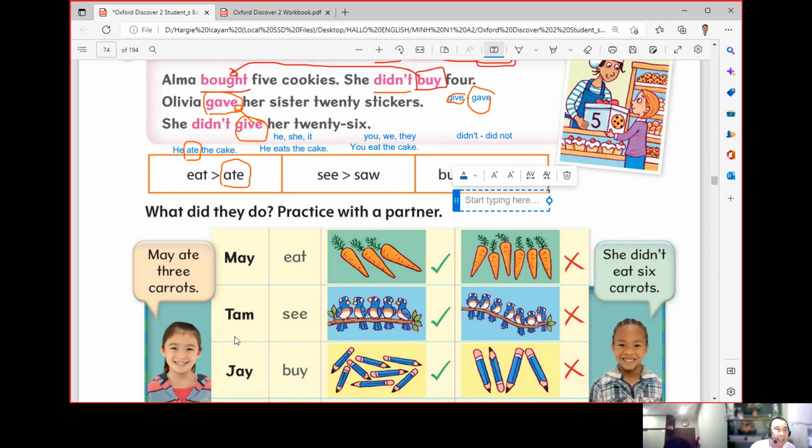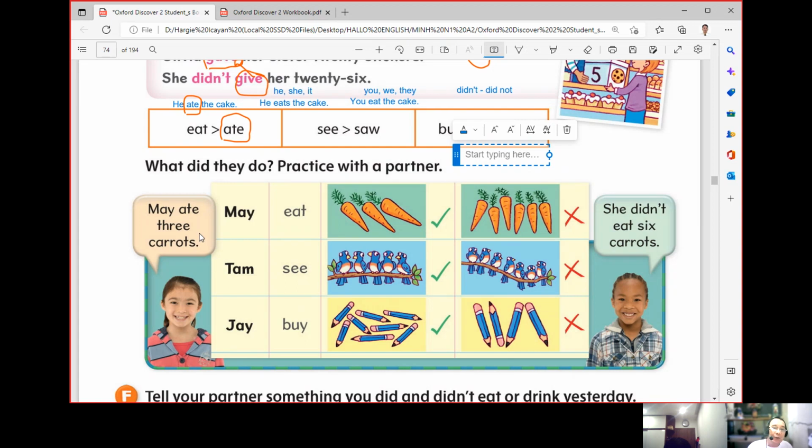So let's go back in here. What did they do? Practice with a partner. So we can say, May ate 3 carrots. The picture that has check in here is this one. And then in here, she didn't eat.